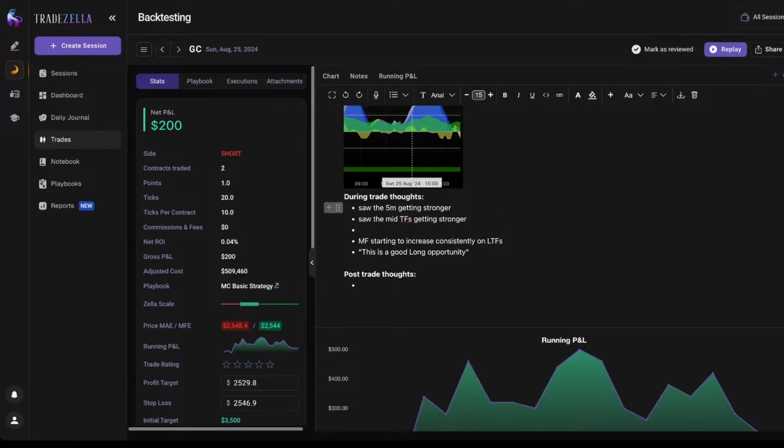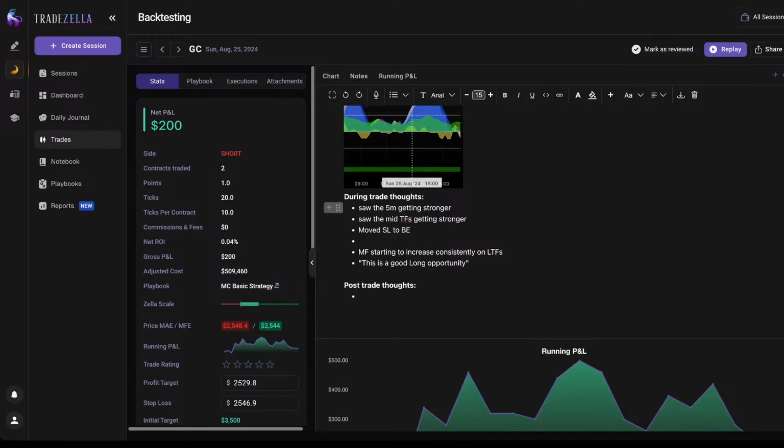Okay. We said moved stop loss to break even. Wanted to see a push below a local support to get a bearish breakout. Didn't happen.